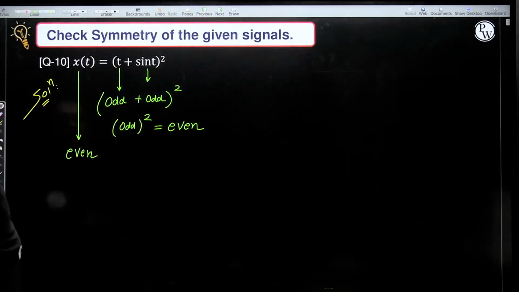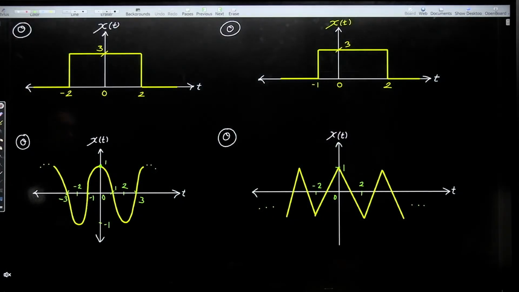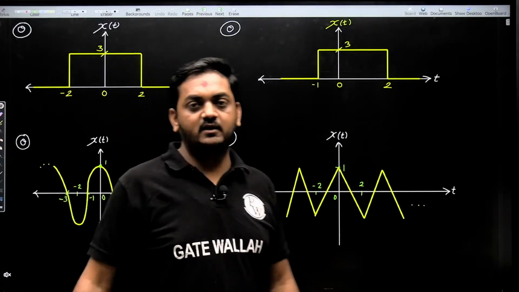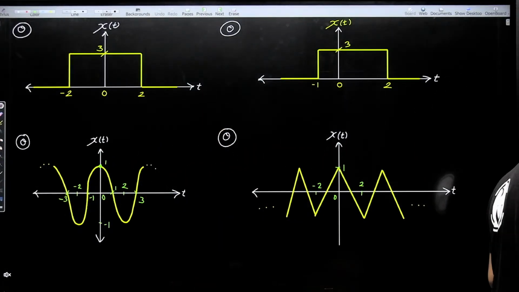Now next question number 10. Now graphically, how to identify whether the given signal is odd or even? Just wait for a minute.